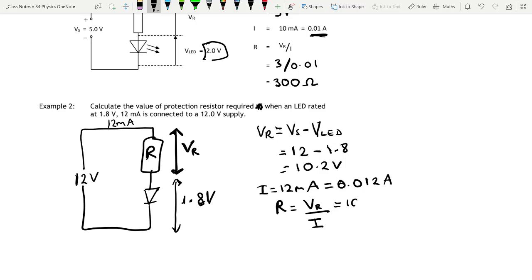So that's 10.2 divided by 0.012, and that comes to 850 ohms. Okay, so you can see it's the same steps each time. These ones are quite repetitive, but that's good in a way because they're really easy to answer. Okay, so what I'd like you to do is have a go at a couple of questions on this, and then we'll move on to the next.